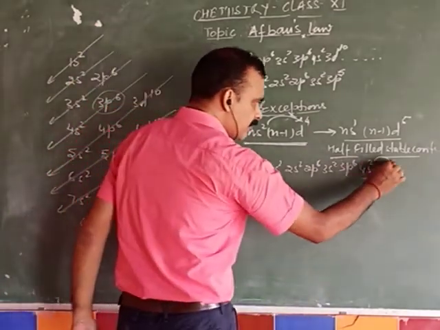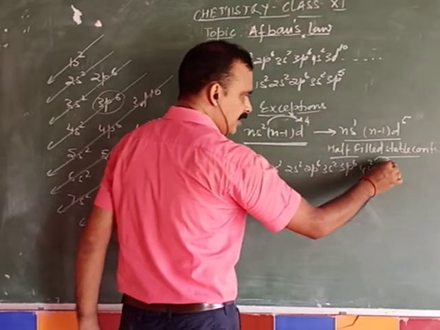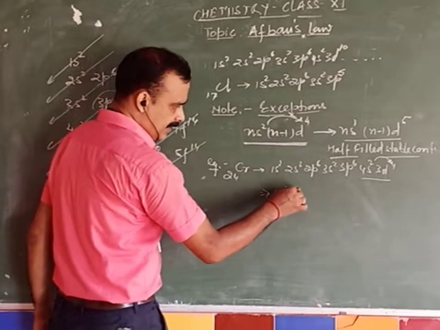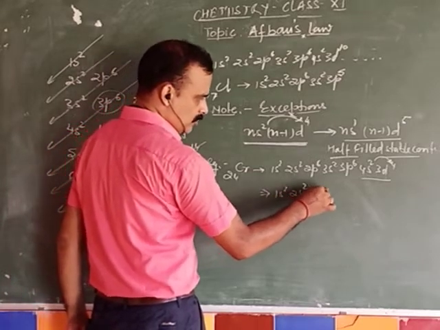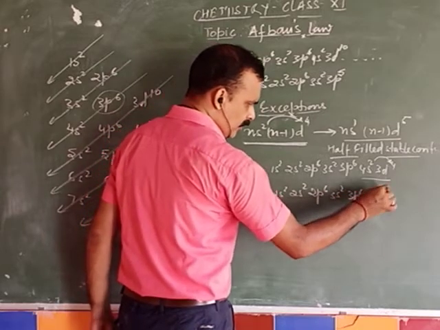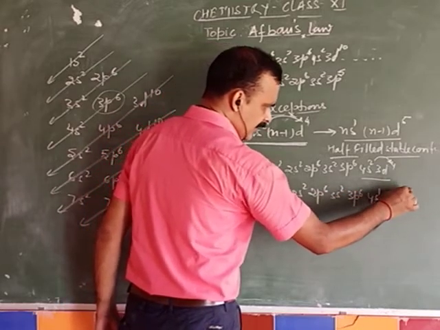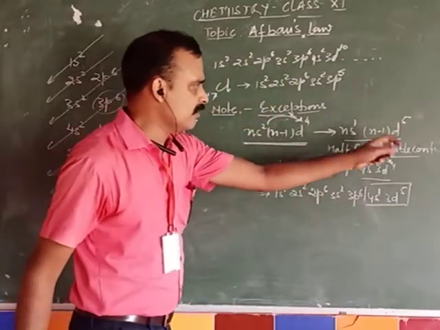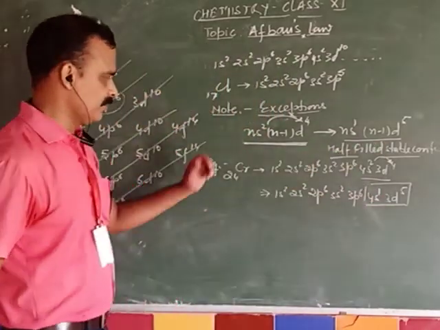Then one electron is shifting from here and moving up to the 3d. The configuration changes and now it becomes 1s2, 2s2, 2p6, 3s2, 3p6. Here it is 4s1 and 3d5. It is rather more stable due to the half-filled stable configuration.